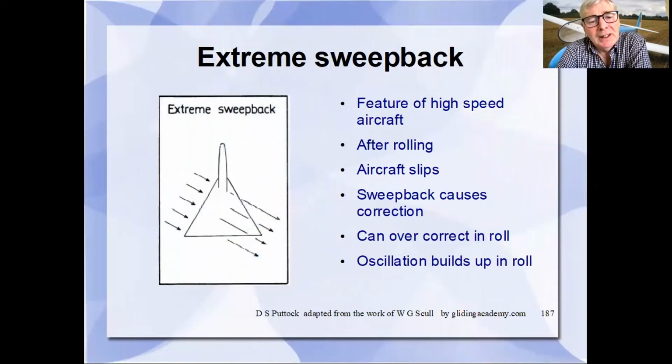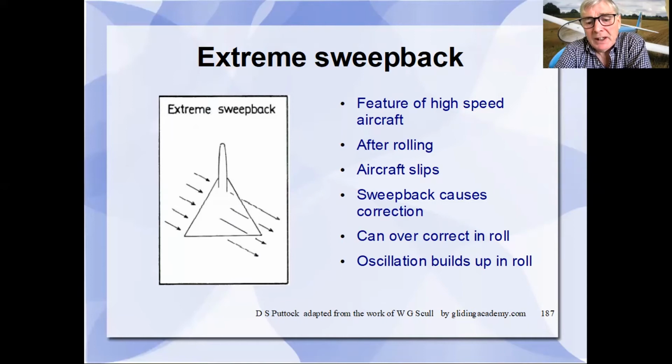If we look at extreme sweep back for a moment, this is a feature of high-speed aircraft. After rolling, in this example, imagine the glider, the aircraft is rolled to the left, then the left wing, the port wing, is presenting much more airflow to the wing than the right, and that's because the aircraft is slipping.